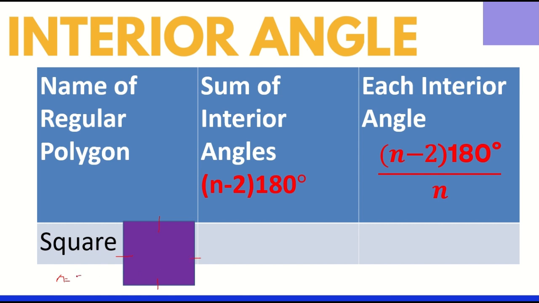Thus, that is 4 sides. So, gagawin mo lang, substitute to the given formula, and that is the quantity of 4 minus 2 multiplied by 180 degrees. What is 4 minus 2? That is 2 times 180 degrees.